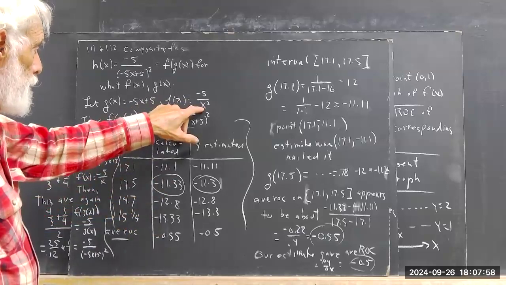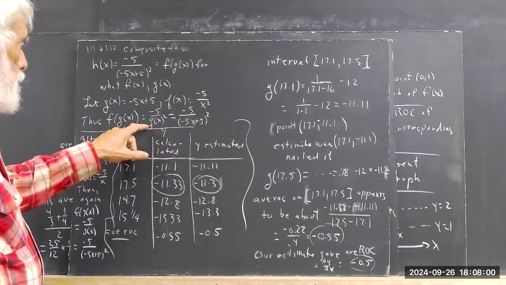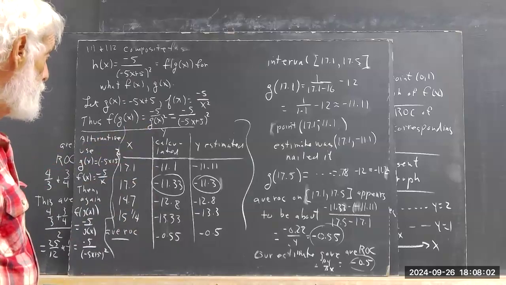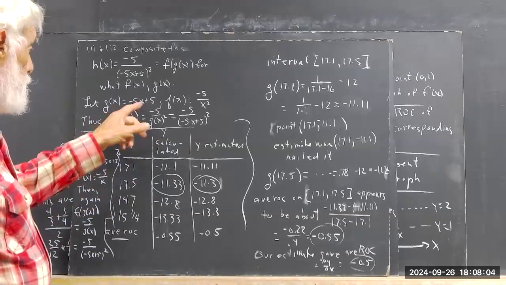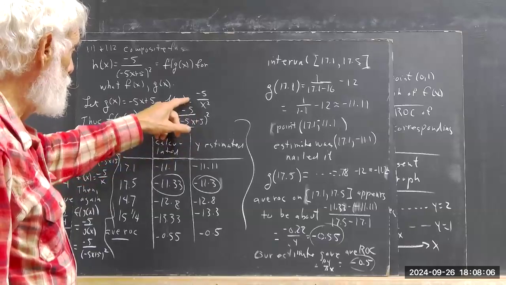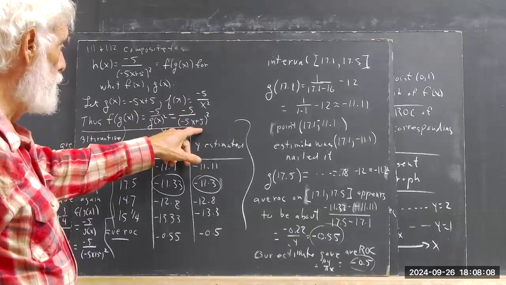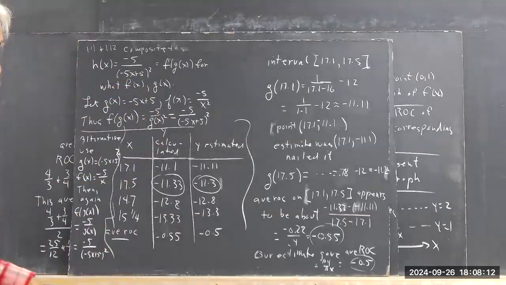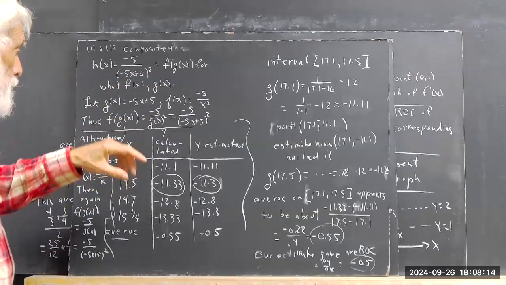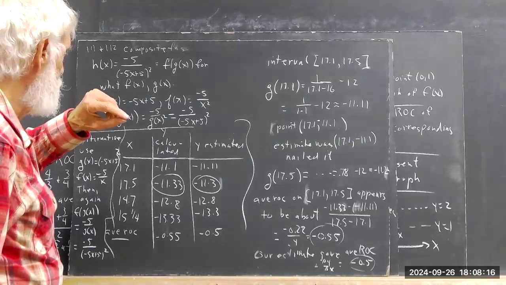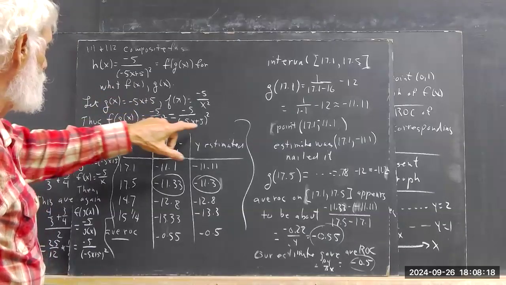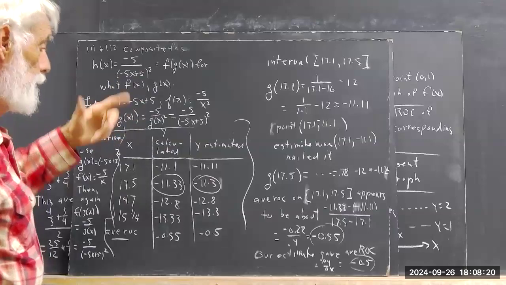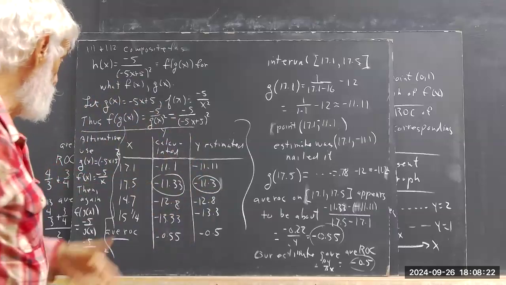So if we replace this x, you get -5 over the square of g of x. And of course, g of x is -5x plus 5, so you get -5 over quantity -5x plus 5 squared. So if you do your f of g of x honestly and rigorously, you'll see if this matches this. If it doesn't, try something a little different.